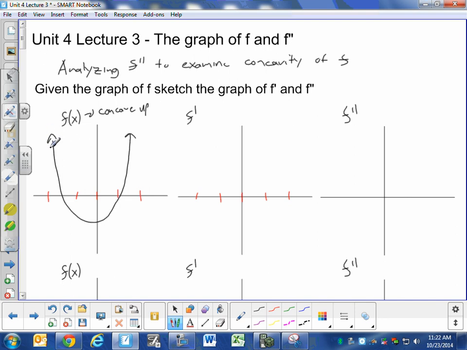So I can see my tangent is negative here, then it is a little less negative, then it's 0, then it's positive, then it's definitely more positive. So I got a negative, a less negative, a 0, a positive, and a more positive, giving me something that looks like a line.